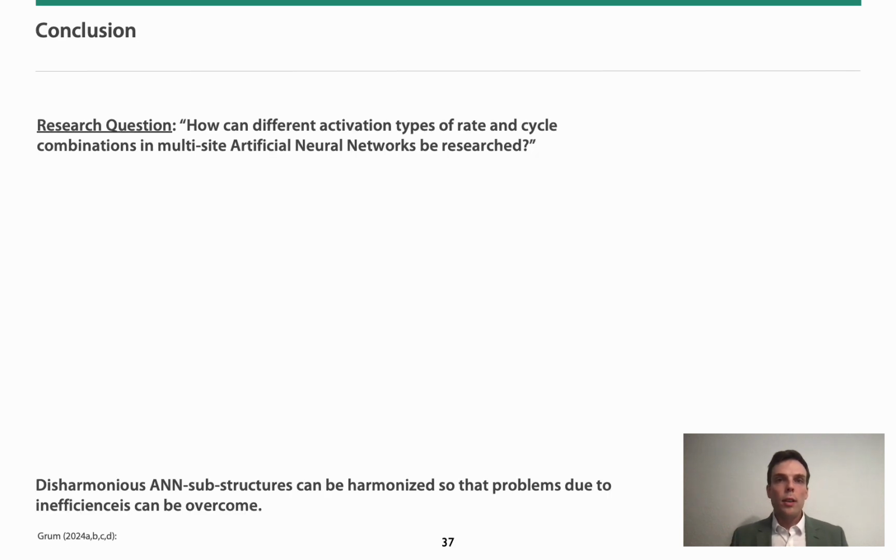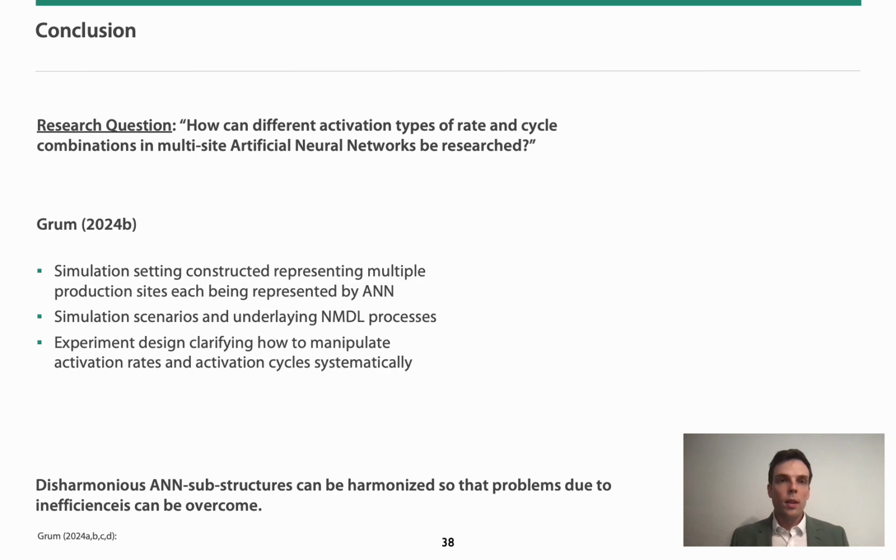So let's come back to the initial research question and find the answer. How can different activation types of rate and cycle combinations in multi-site artificial neural networks be researched? We have seen components from 2 articles. The first article has focused on the research instrument creation.